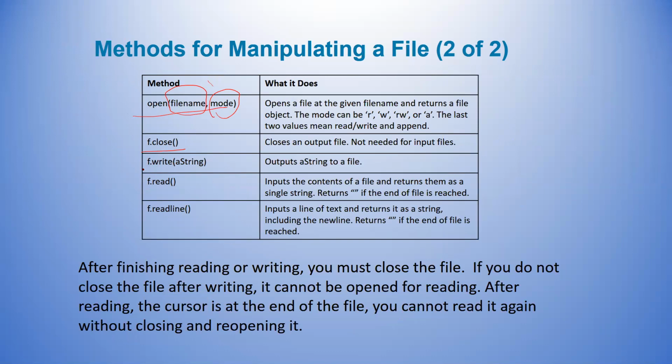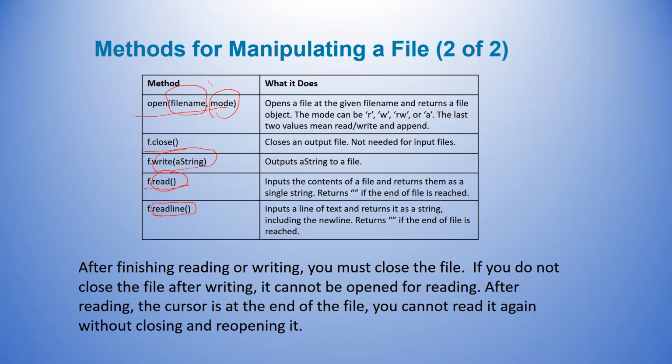Okay, f.write, you just write to the file. And this reads the whole file. And this reads one line of the file. Remember this reading and writing, it always proceeds from top to bottom. Once it reaches bottom, you cannot say, let's go back. You cannot do that. If you want to go back, you must reopen the file, close the file and reopen it. Okay.